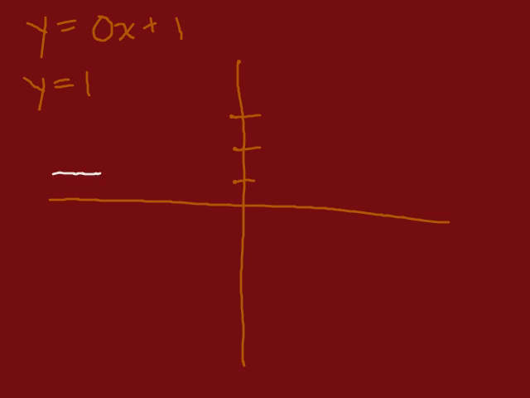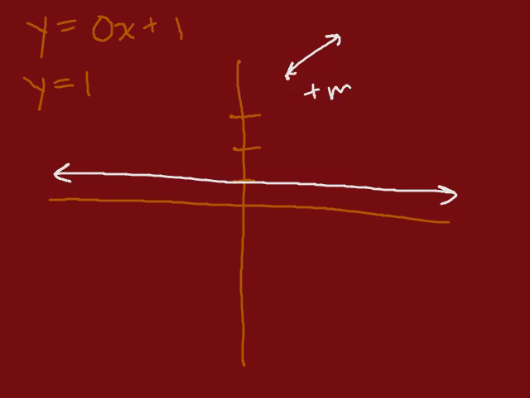So this is the equation for a horizontal line. We've already talked about slope being positive this way and slope being negative this way. But now we find out that if slope is equal to 0, it's a horizontal line. m is equal to 0.